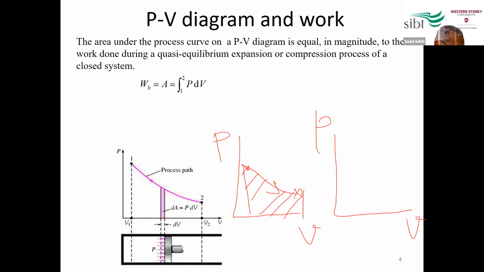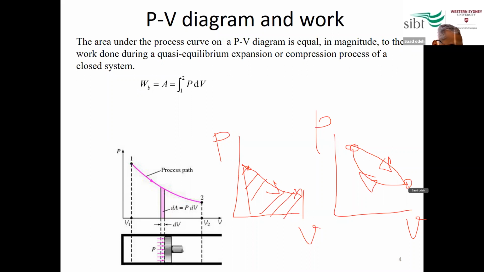If I want to do a cycle, I have expansion and then compression. We call it a cycle because in all types of systems we don't do just one process. We keep the system operating. For example, the car engine's operation is continuous. You don't take one process and that's it, because you need to keep the engine operating all the time. So we have expansion and compression all the time.